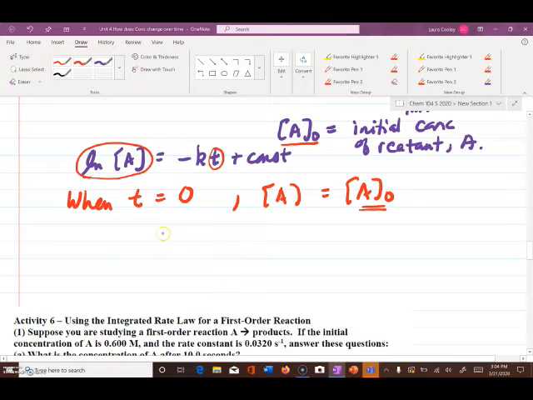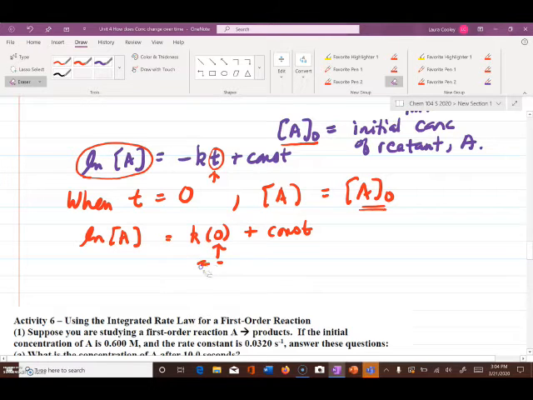So that means I can plug in a 0 here for the time. And I also know that the log of A when the time is equal to 0 is equal to the log of A0. So this becomes the log of A0. But of course k times 0 is 0. So what this tells us is that the constant is equal to the log of A0.